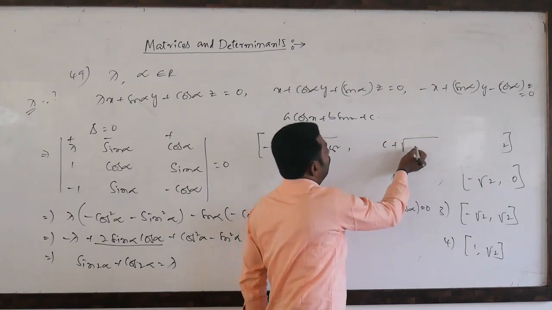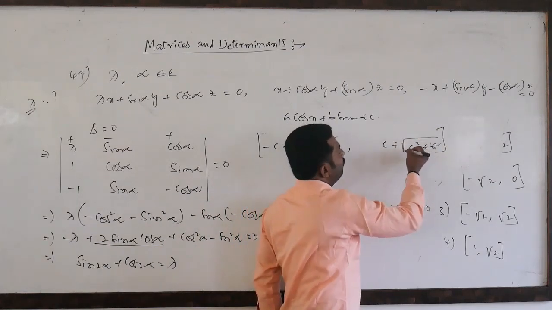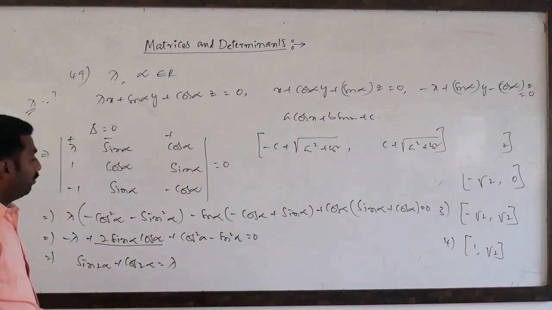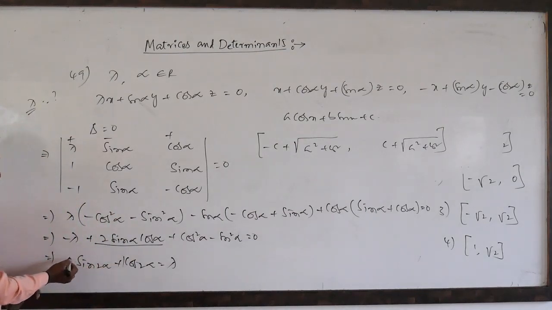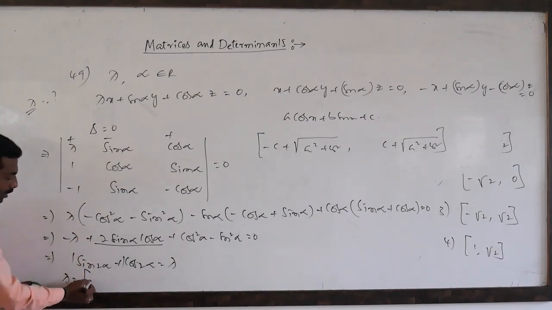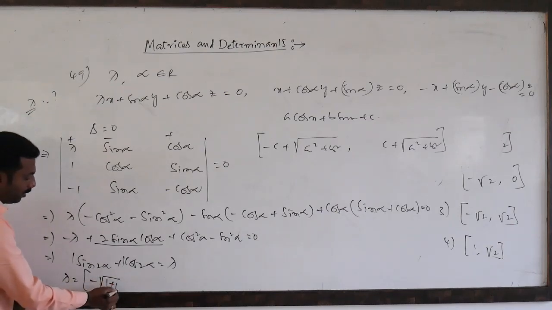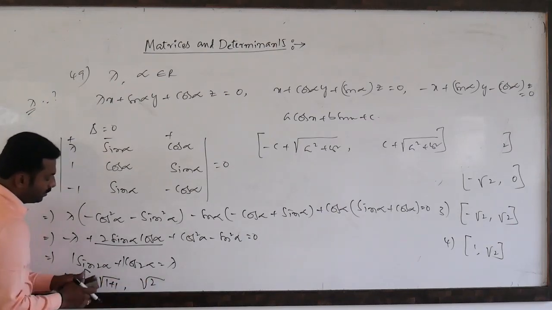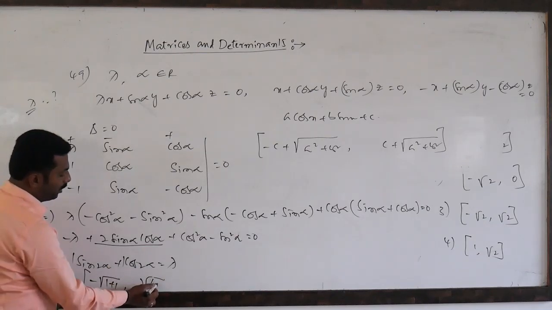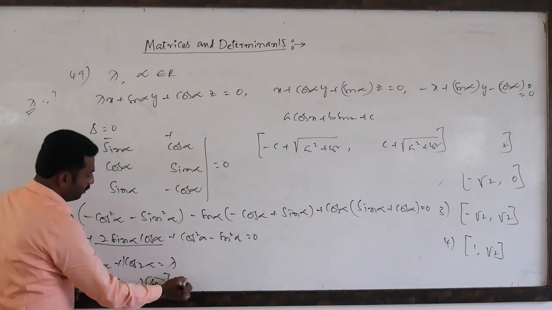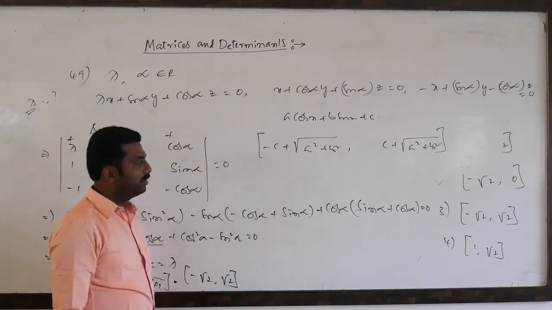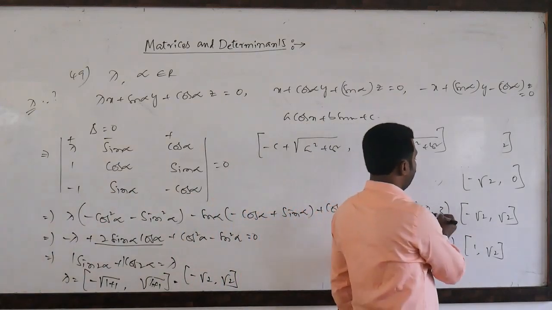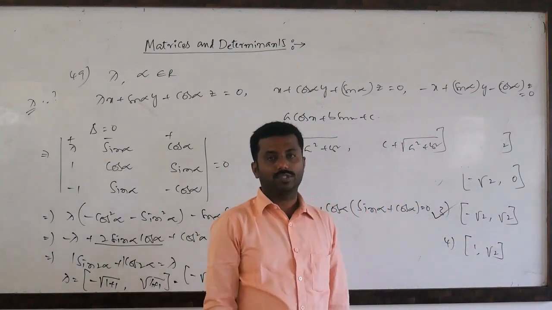Here a is 1, b is 1, c is 0, so the range is minus root of 1 plus 1 to plus root of 1 plus 1. Finally this is minus root 2 comma plus root 2, which is the third option.